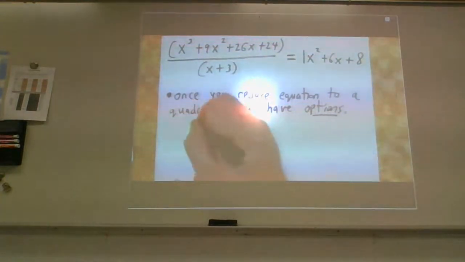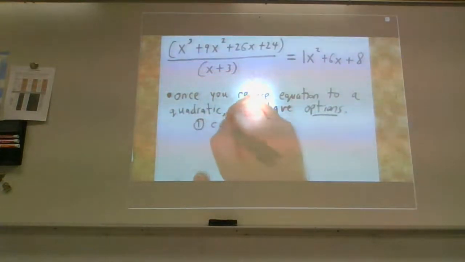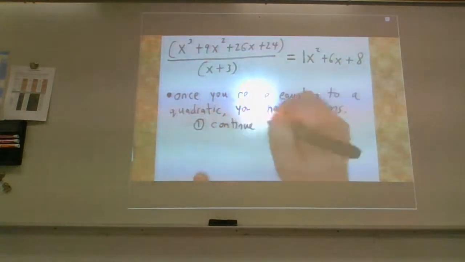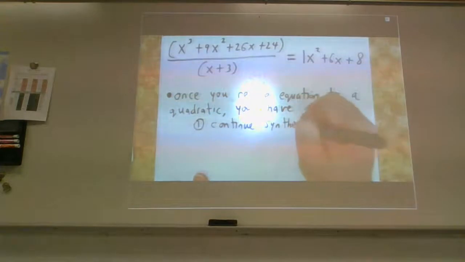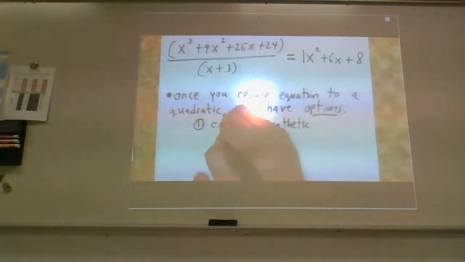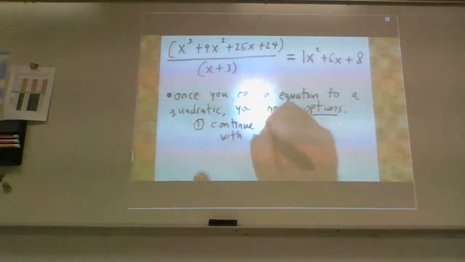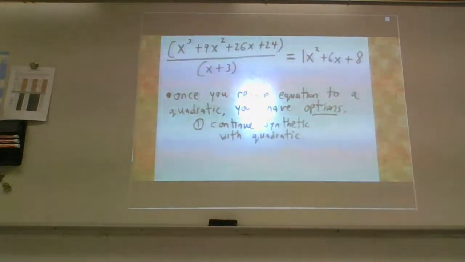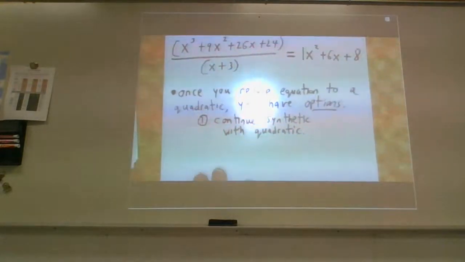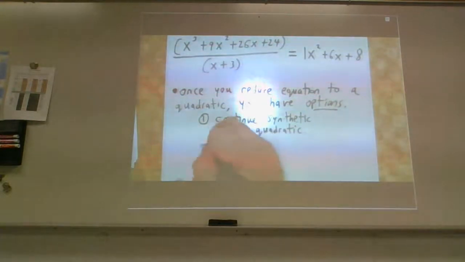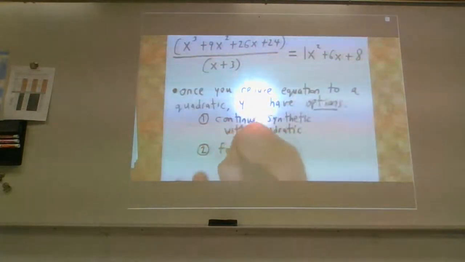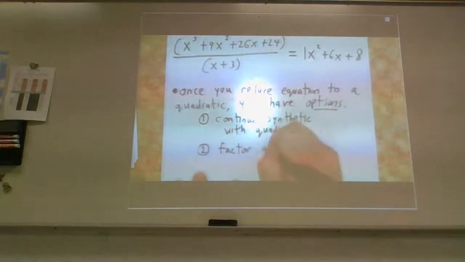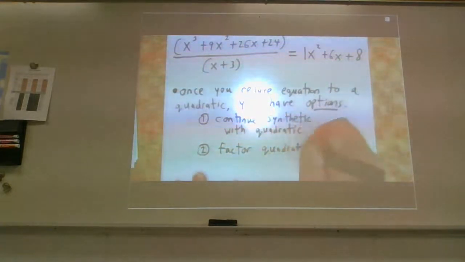Option number 1, you can continue synthetic division with the quadratic. And I'm going to show you how to do that in a moment. Option number 2, you can factor the quadratic.